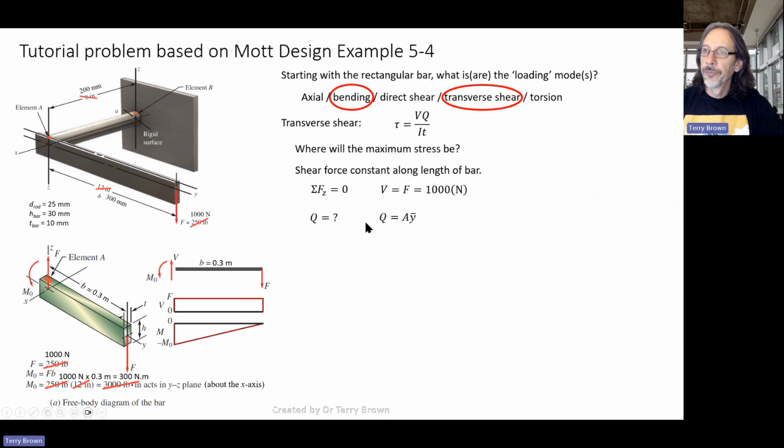Okay, so the formula for that is A Y bar. If you look it up, that's probably what you'll find. But for the axes that we're using here, it will be A Z bar. Okay. Now, what's this bar on top of the Y and the Z mean? We'll get to that in a second.